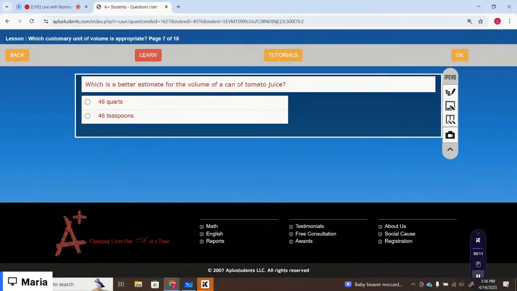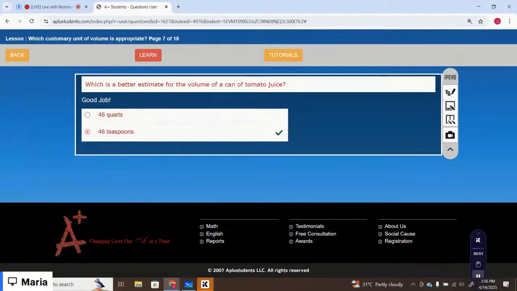Which is a better estimate for the volume of a can of tomato juice? The volume of a can of tomato juice must be 46 teaspoons. Option number two is the correct option.